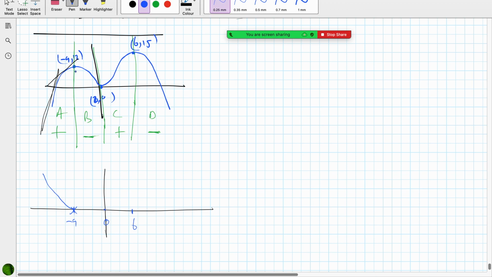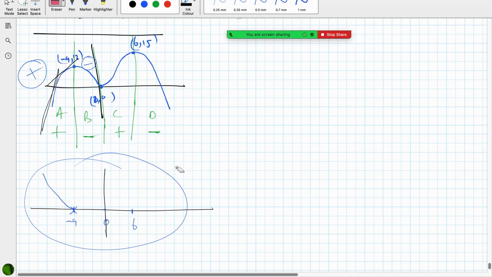Any confusion in this part till now? We are moving from positive to negative gradient. At x equals minus 9 the gradient is 0. We are sketching the gradient function.